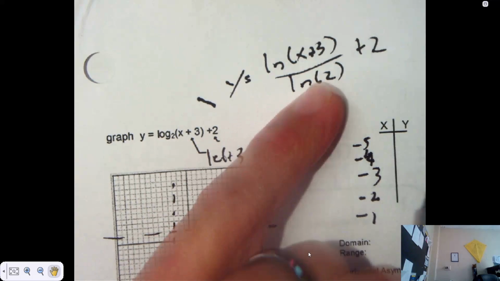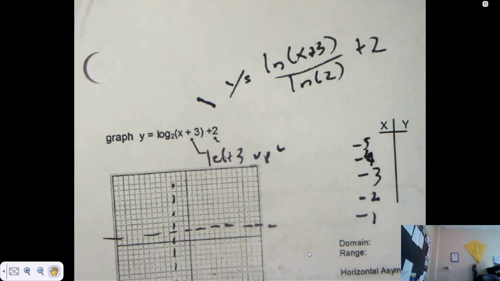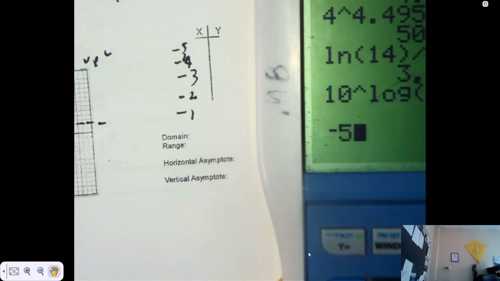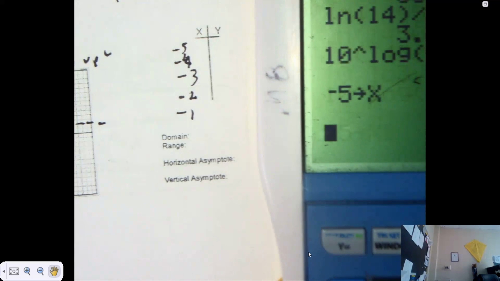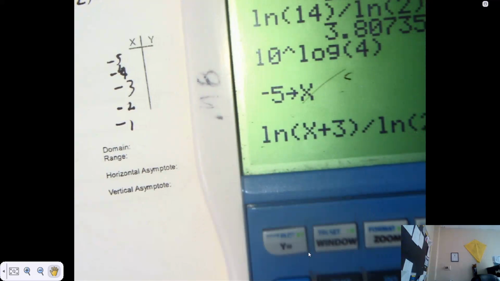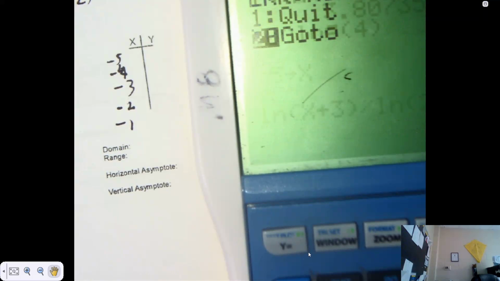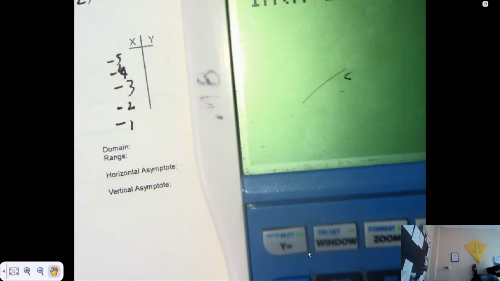We use change of base form. So I'm going to start off by taking a negative 5, storing it into x. Then I'm going to type in what I wrote. Natural log of x plus 3, sitting over the natural log of 2. I've got to close up here, and then plus a 2. Oh, I got a non-real answer. Anybody else get a non-real answer?